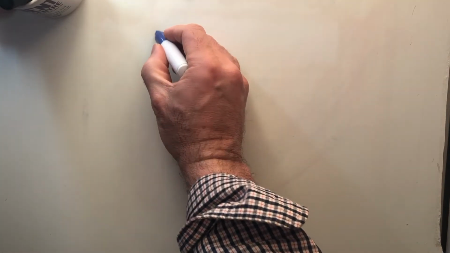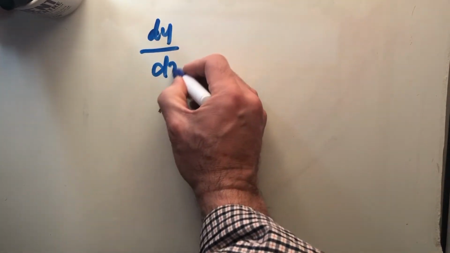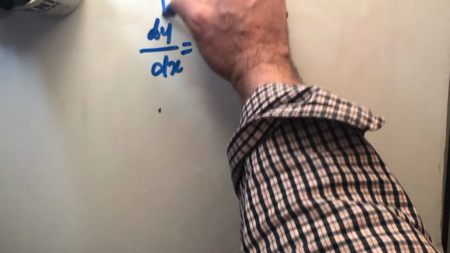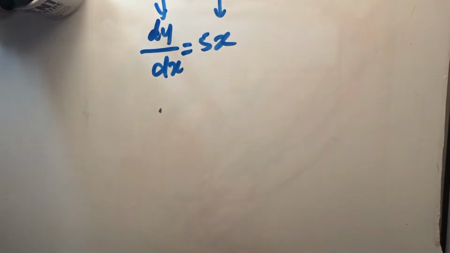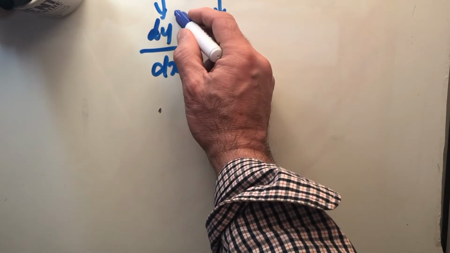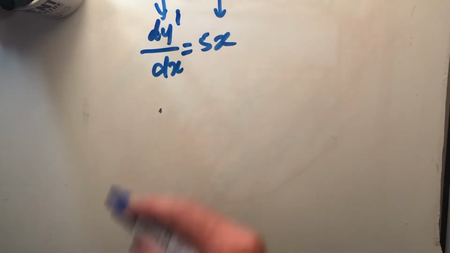One example of a differential equation is dy by dx equal to 5x. So it's a relationship between a derivative and an x. This is called first order because the power of the derivative is equal to 1.